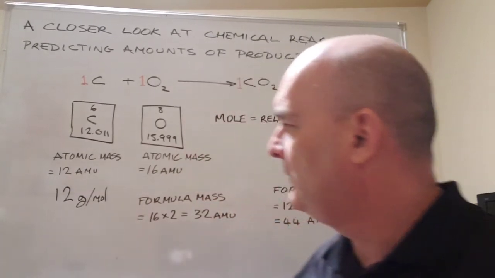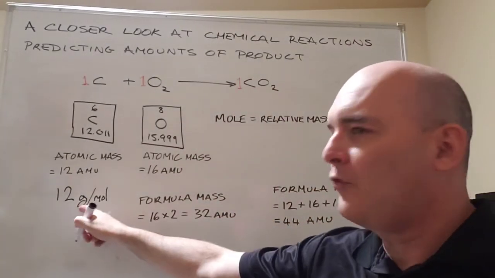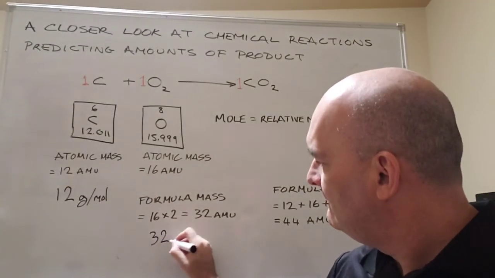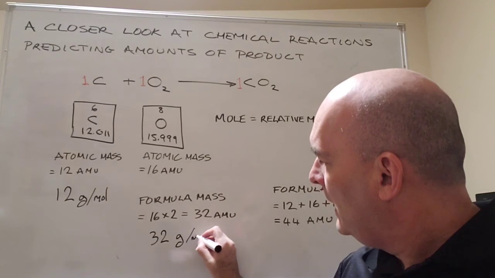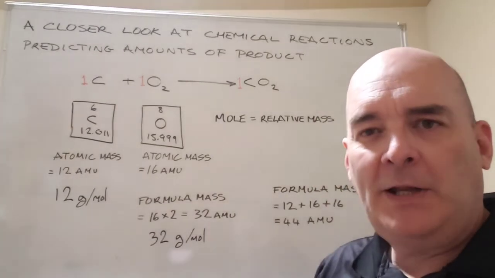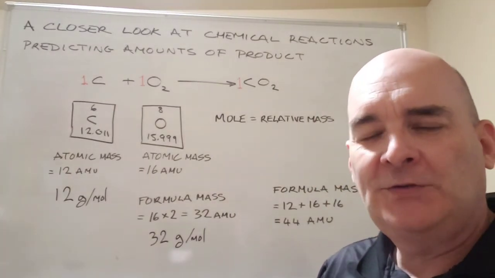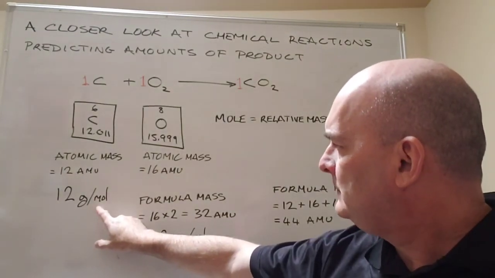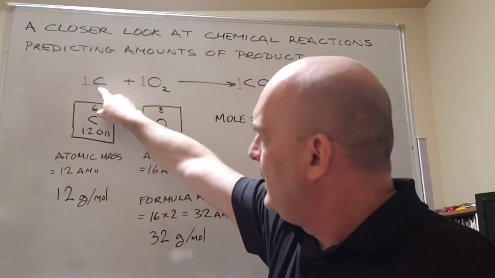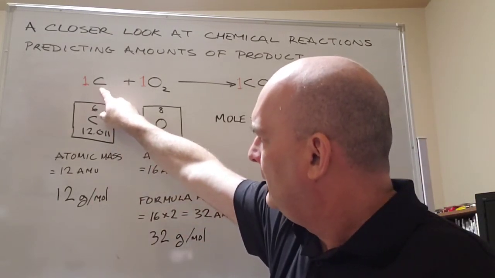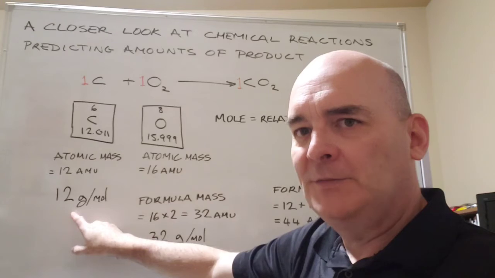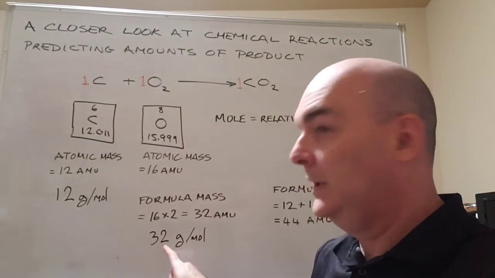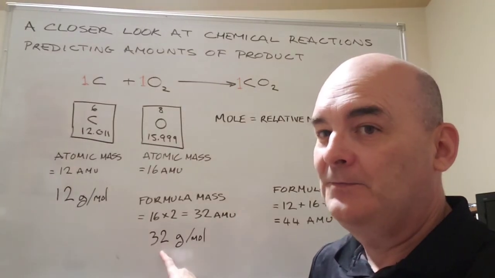So we can change that unit of atomic mass units into grams per mole. I've just made the numbers on the periodic table incredibly useful. This tells me that 1 mole of carbon would weigh 12 grams. That means 1 mole of oxygen molecules is going to weigh 32 grams.